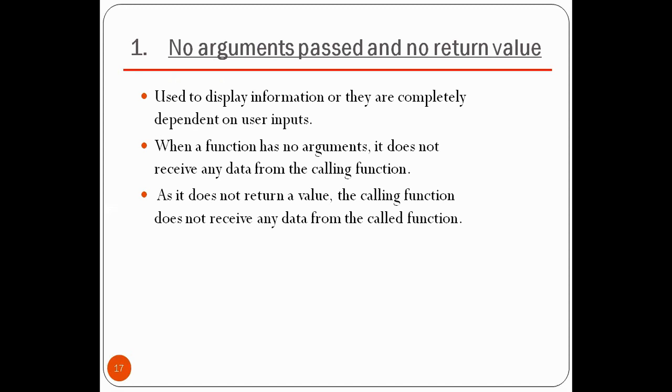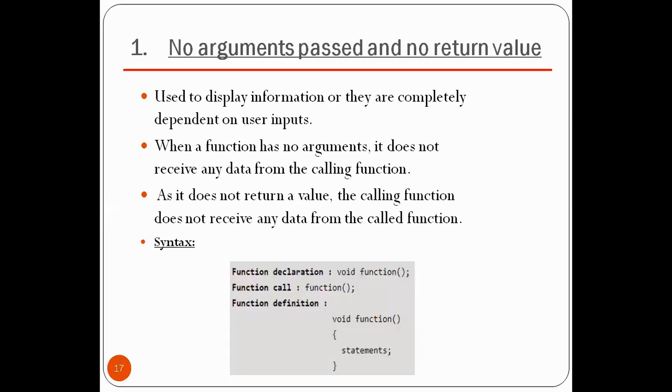As there are no arguments and no return type, and as it does not return a value, the calling function does not receive anything. So the syntax you can see is void function with brackets. Void means nothing is returned back, and we have zero arguments. So when we call a function, we will just write the name of the function and the brackets, right? This is how we will call a function, and in the function definition, we will have void function and simple brackets and whatever statements you want to execute.